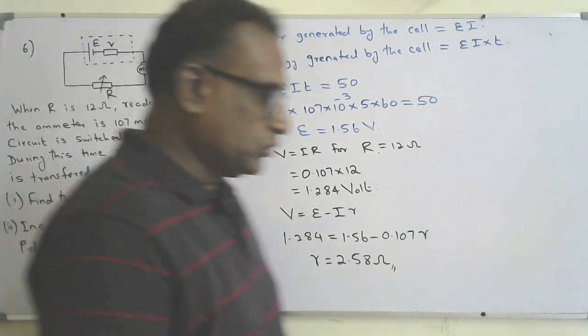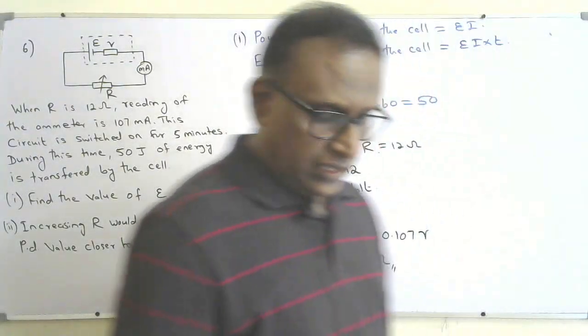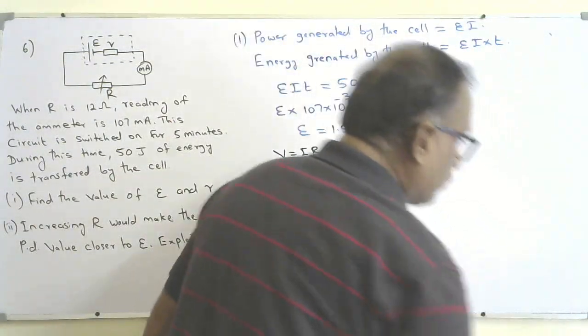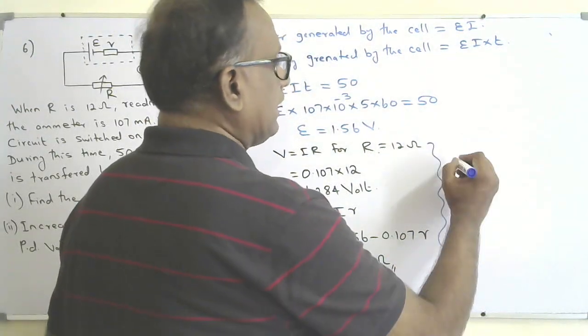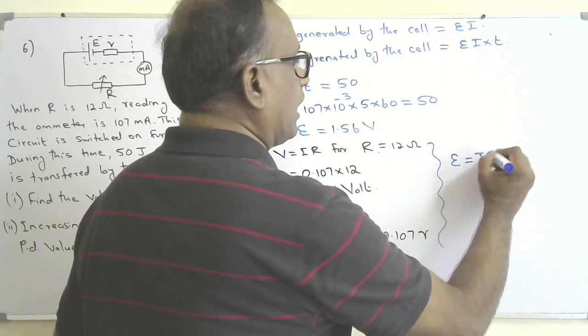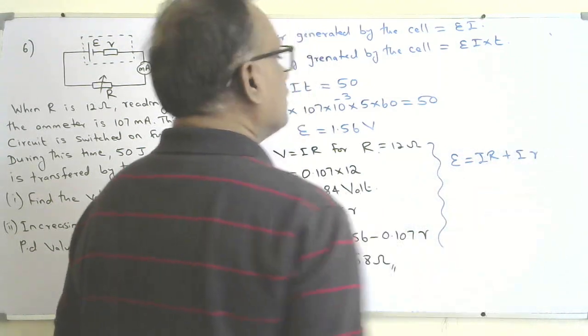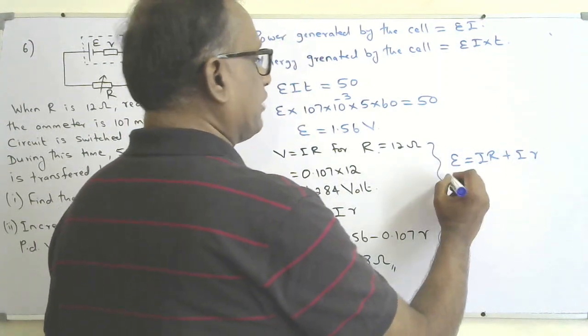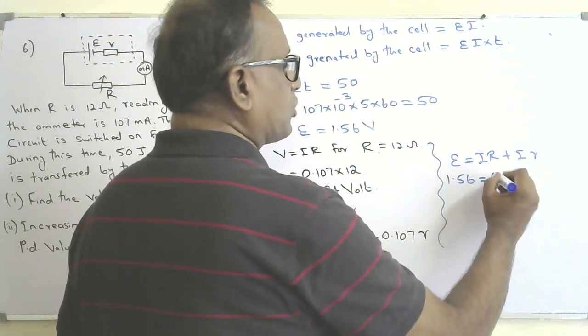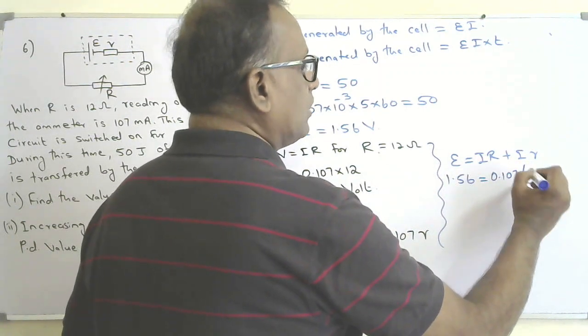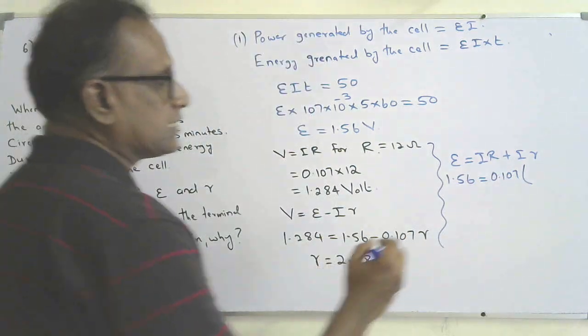Or you can do the same thing by using Kirchhoff's second law. EMF equal IR plus Ir. So EMF we know is 1.56, equal to current, I can take it common, that is 0.107 into R, which is 12, plus r.